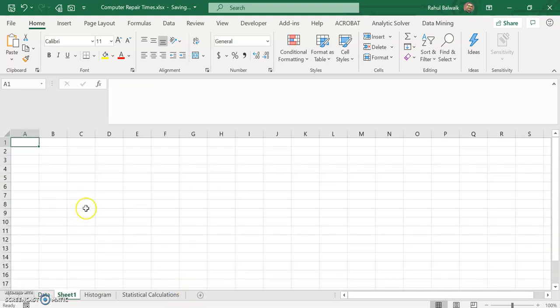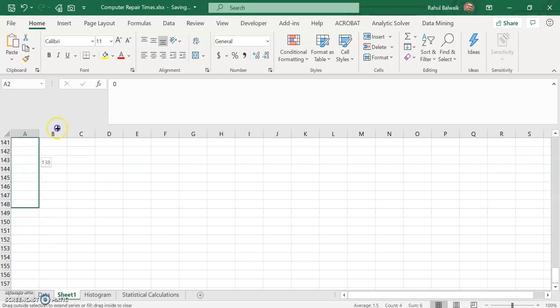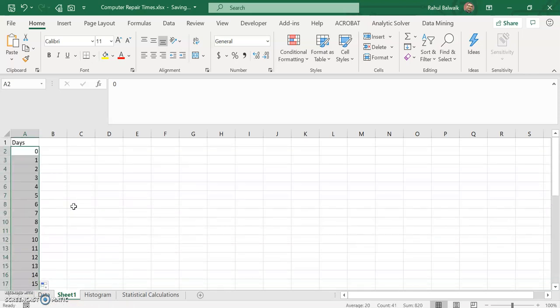Let's make an Excel file, start counting from 0, 1, 2, 3 and so on, and extend it up to 40 days. Okay, so these are the number of days.